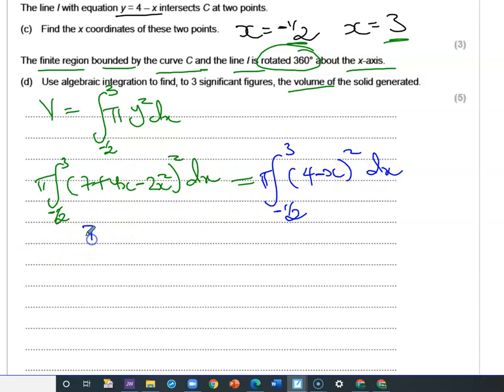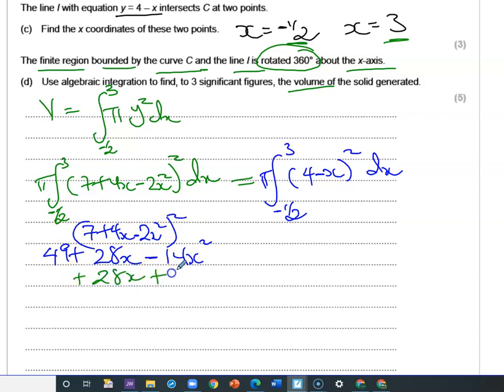So if I have 7 add 4x minus 2x squared, all squared, very carefully multiplying through by 7 to start with, I should be getting 49 add 28x minus 14x squared. The next line, I'm going to take the 4x and multiply through the same thing. That should give me 28x add 16x squared minus 8x cubed.